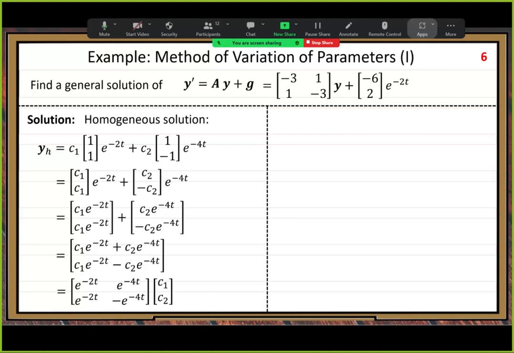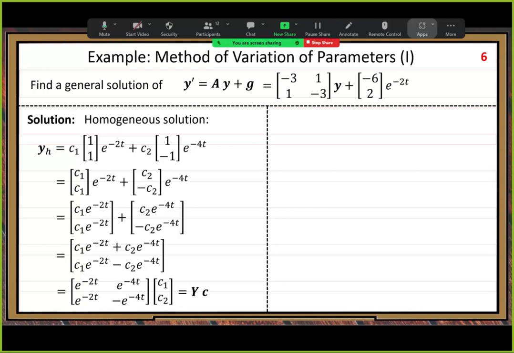Because this is the fundamental matrix, capital Y, we write it as capital Y times C vector, a constant C vector.